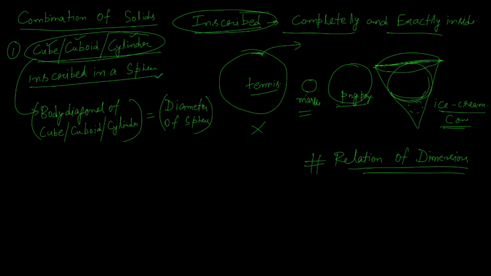Okay. Now what is the meaning of body diagonal? That body diagonal is the longest distance between any 2 points in that solid.